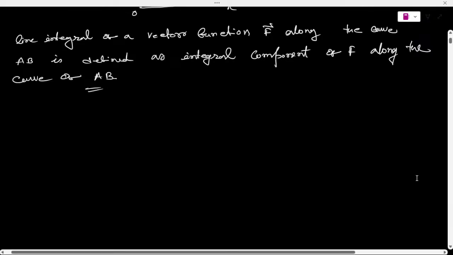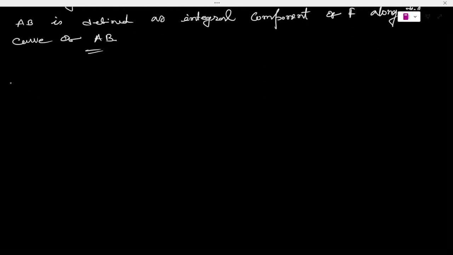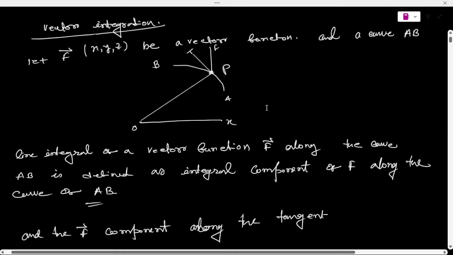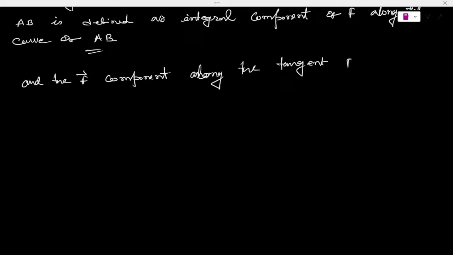The component of f along the tangent, along the tangent PT at point P. This is the unit tangent at point P.